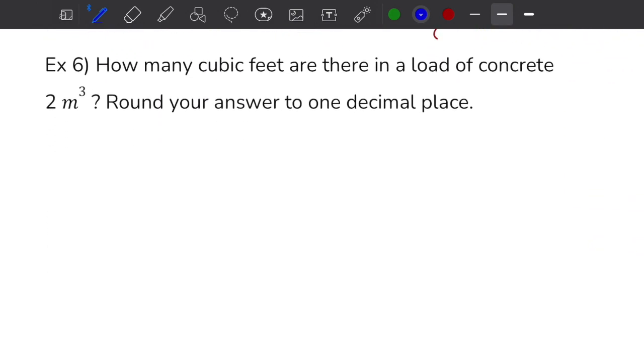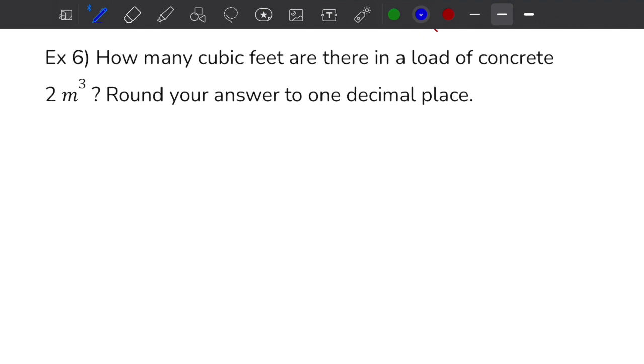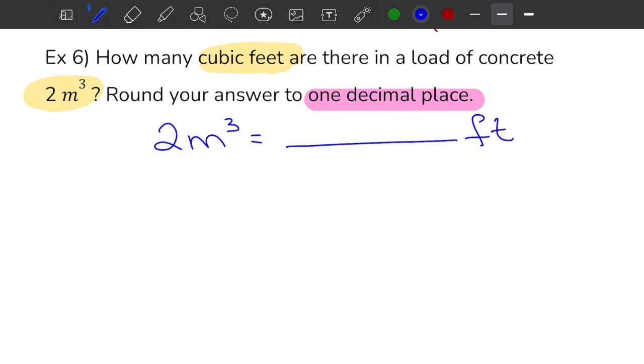Okay, the final example that I have here, it asks how many cubic feet are there in a load of concrete that is 2 cubic meters, and then we have to round to 1 decimal place. So we have 2 cubic meters and we need to know what that equals in cubic feet. Okay, so for this one, we're going to use the top table, the one that says unit conversions.